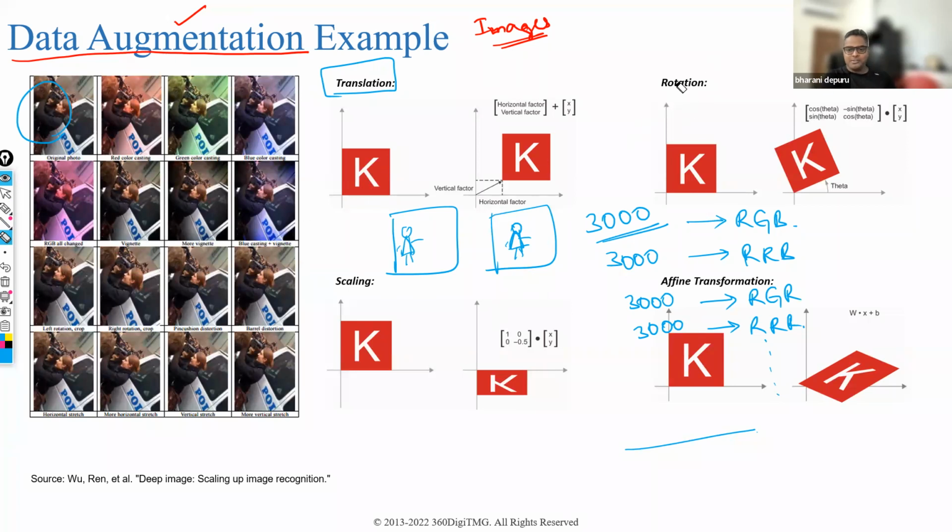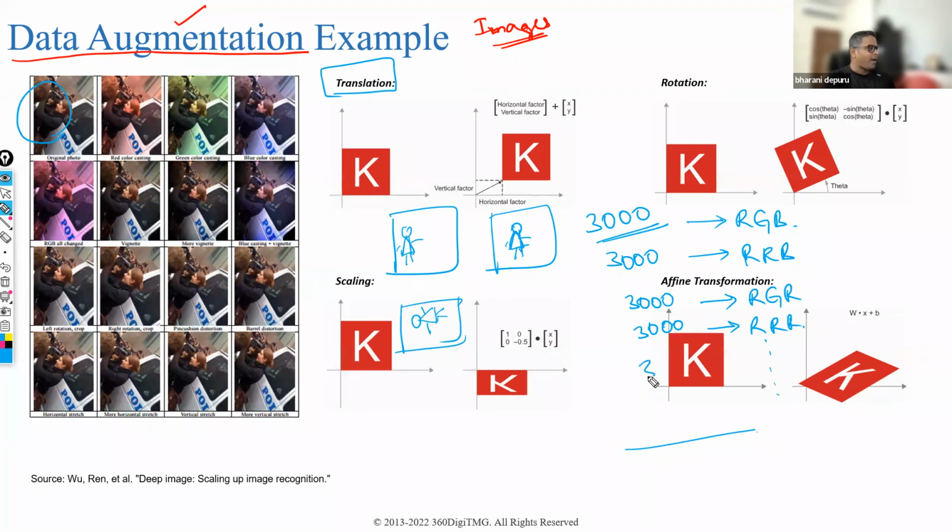You rotate the image. If the person is here like this, rotate the person the other way. Rotate it by 10 degrees, 20 degrees, 30 degrees, 40 degrees clockwise. Rotate the image 10, 20, 30, 40 degrees anti-clockwise.